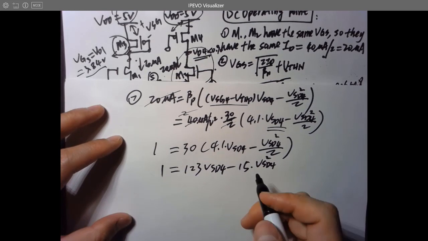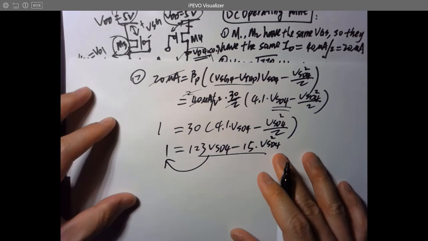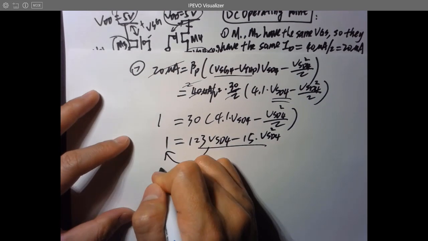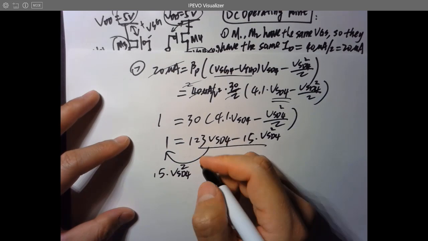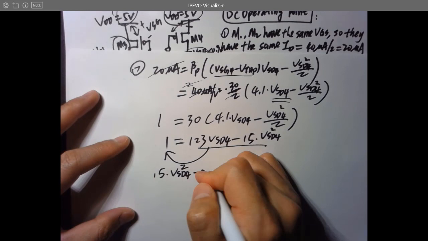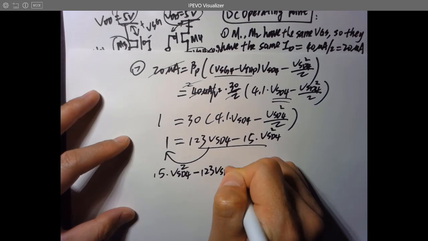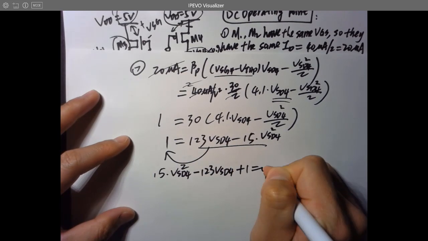You move everything to this side, and you have 15 VSD4 square minus 123 VSD4 plus 1 equals 0.